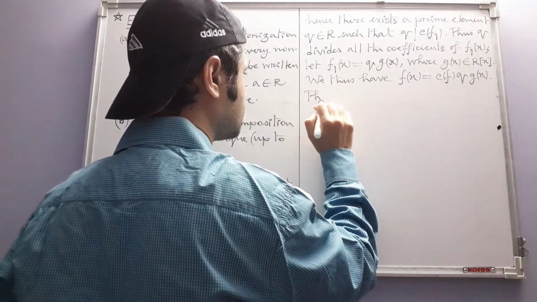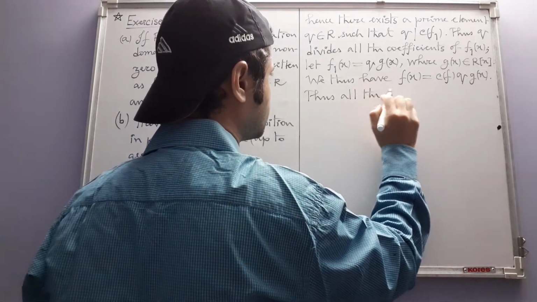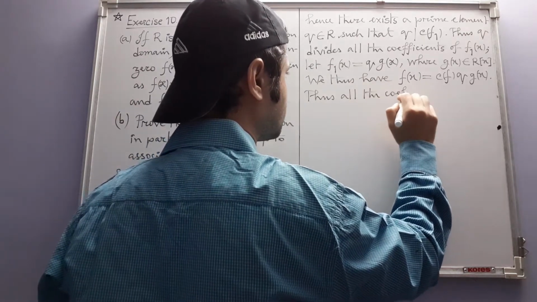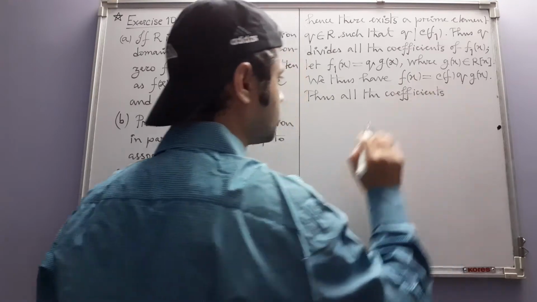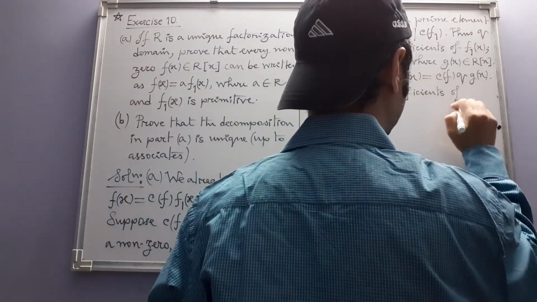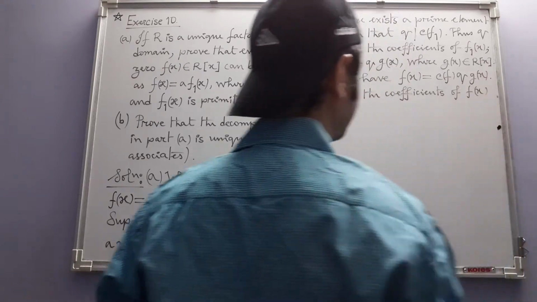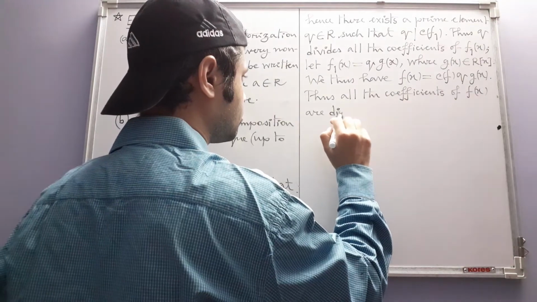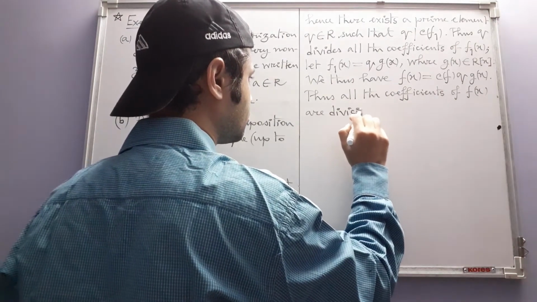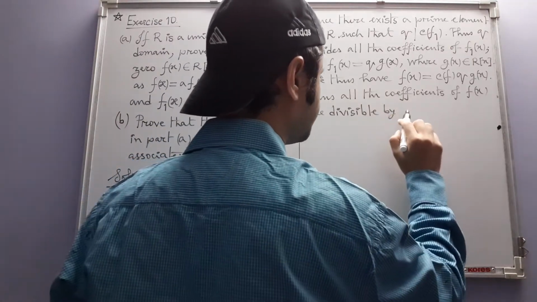Thus, all the coefficients of f(x) are divisible by c(f) times q.